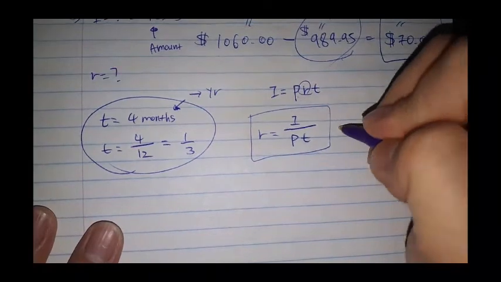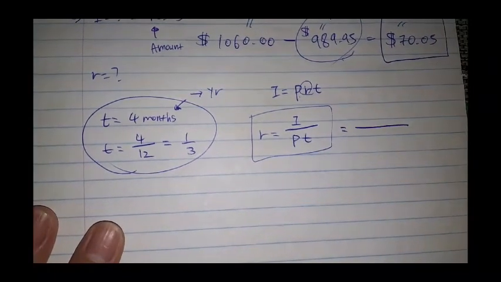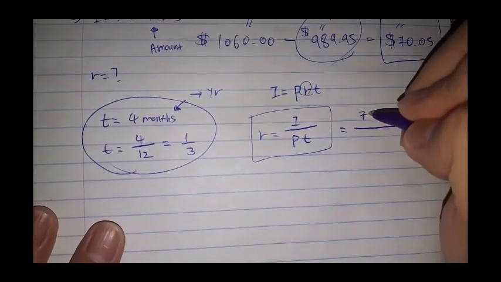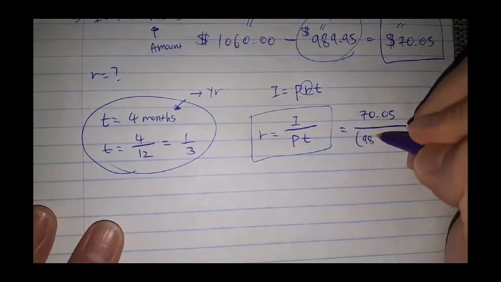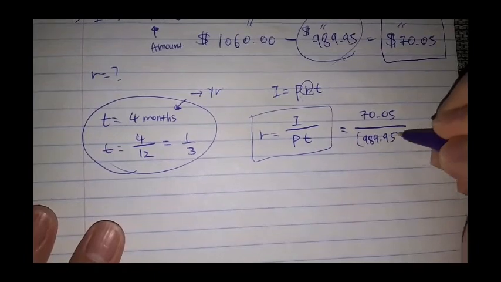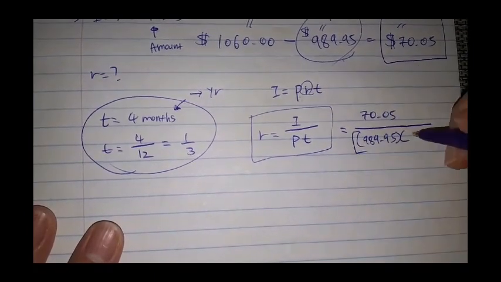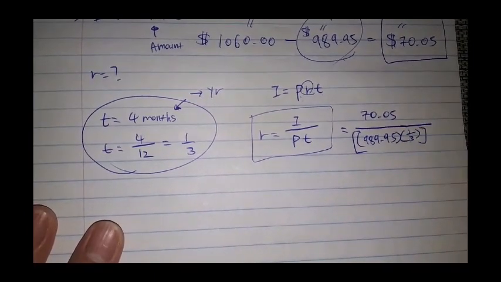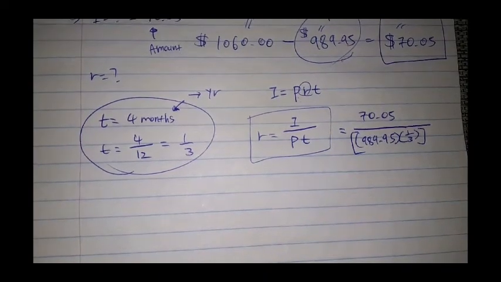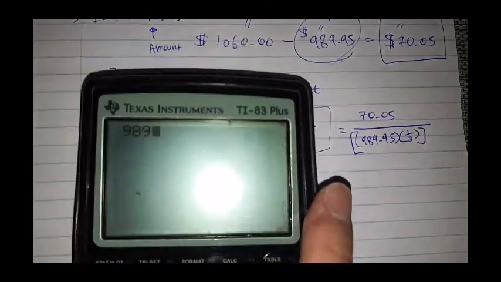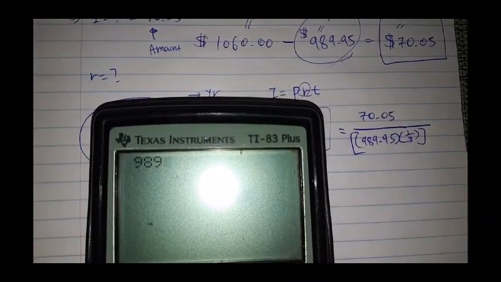So now if I punch the numbers in, I is 70.05, P is 989.95, and the term 1/3 goes inside your denominator. Generally, it's a good idea to do the denominator first. I know it's tough to see, but it is important to show this.